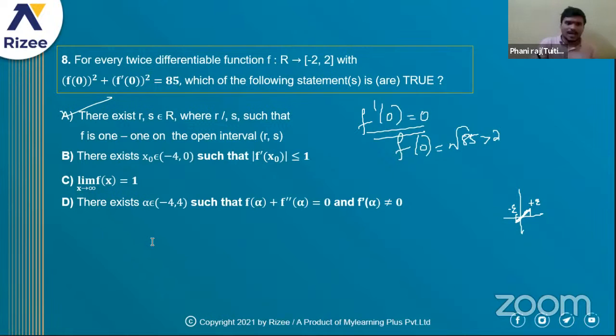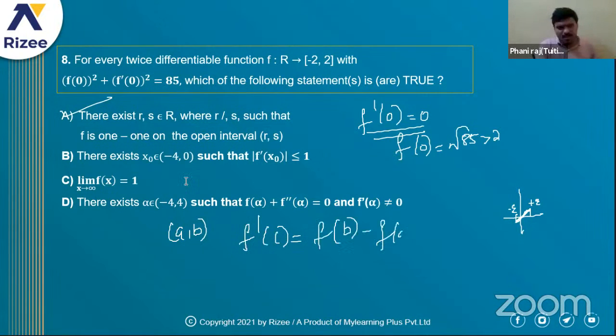Next, there exists x naught belongs to (-4, 0) such that f dash of x naught is less than 1. Given an open interval (a, b), by the mean value theorem there exists a c such that f dash of c equals (f of b minus f of a) by (b minus a). So x naught belongs to (-4, 0).